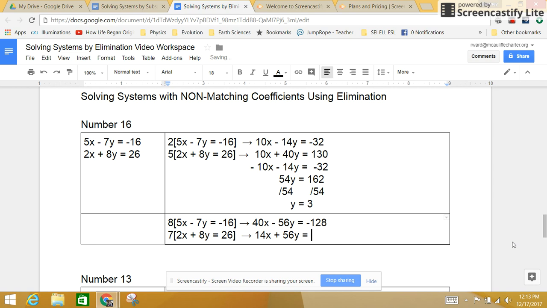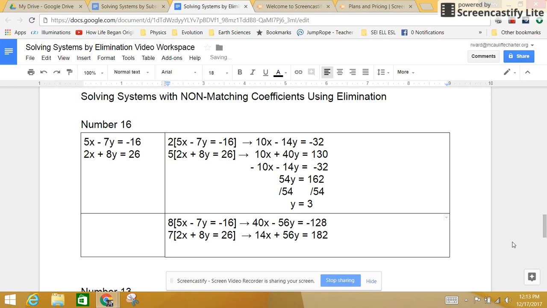And 7 times 26, well, 7 times 6 is 42. And 7 times 20 is 140. 140 plus 42 is 182.